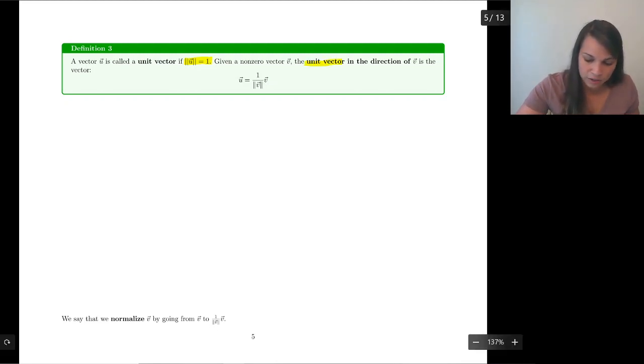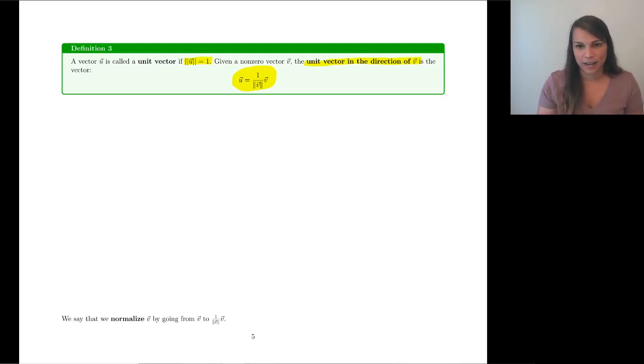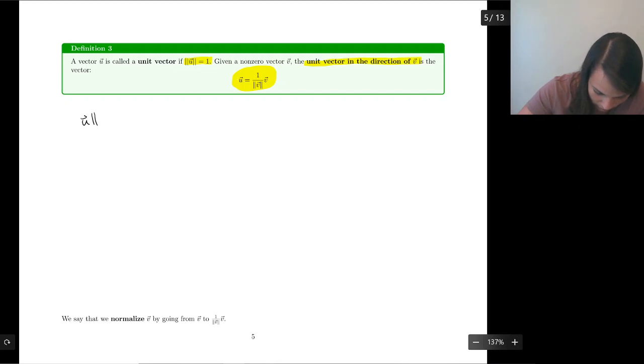We say that the unit vector in the direction of v is given by this guy here. So you just take your vector and you divide by the magnitude of that vector, because then you're going to have a total length of 1. I will go through it real quick just to make sure we're comfortable with it. That would be like doing this.